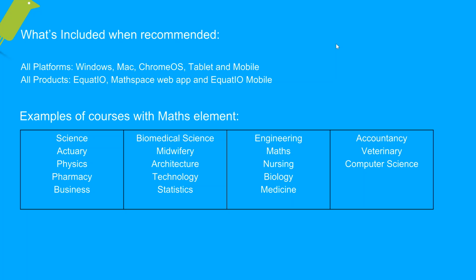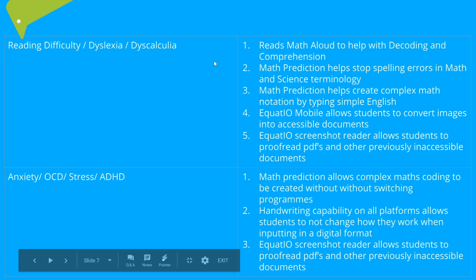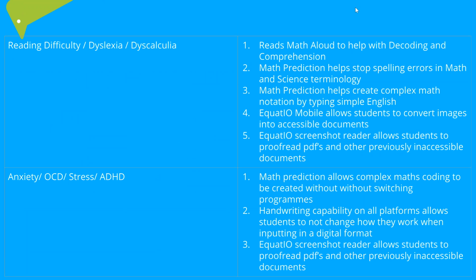And then also in terms of what it helps with, so the learning difficulty, as you can see, is on the left hand side here. So we have reading difficulty, dyslexia, and dyscalculia. And then on the right hand side is literally just all the features within EquatIO which actually helps ease the pain of these learning difficulties whenever a student is trying to study.